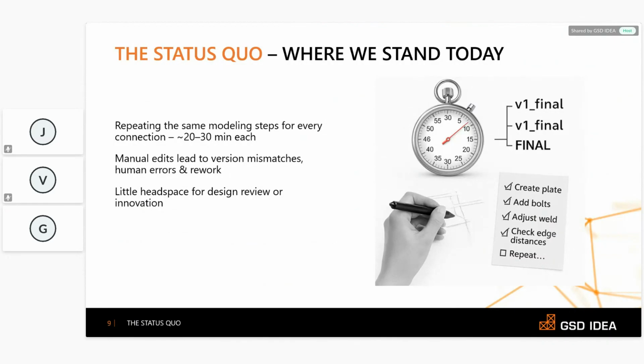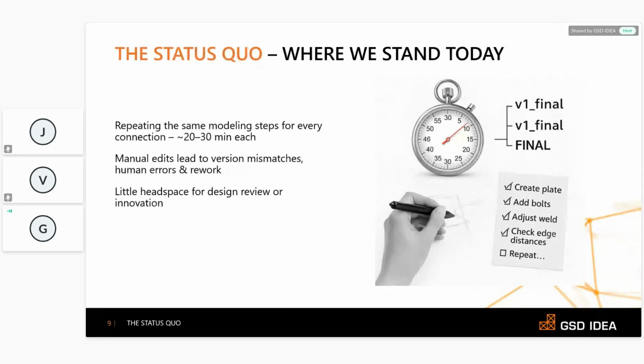On top of that, we are often relying on manual edits, that is, changing dimensions, shifting plates, adjusting welds, and that introduces a lot of risk as well, not to mention the typos, missed updates, version drifts, etc. Because of this repetition, most engineers, including you, me, and all of us, barely have the mental headspace left for design checks, which also count for value engineering or trying out new ideas.